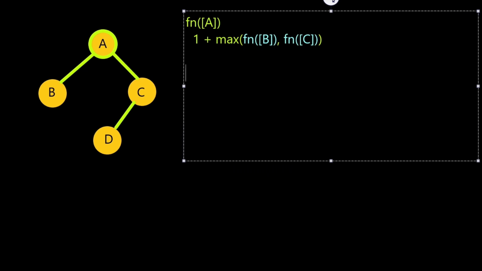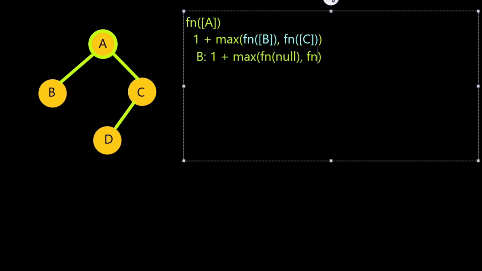Okay. So for B now, B is also not null. And so it's going to go to the next statement, the max thereof. But B has no children.